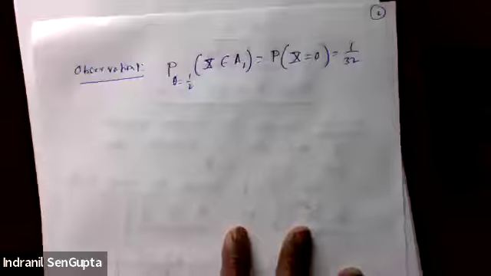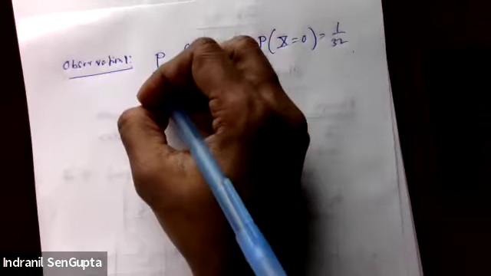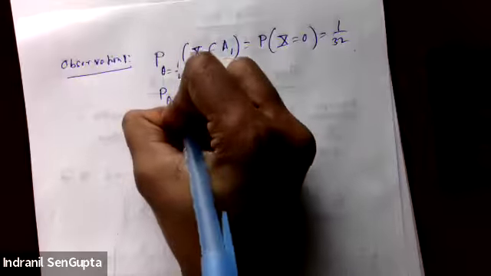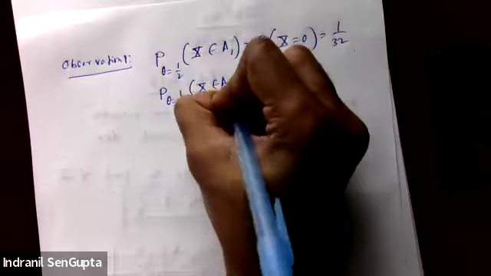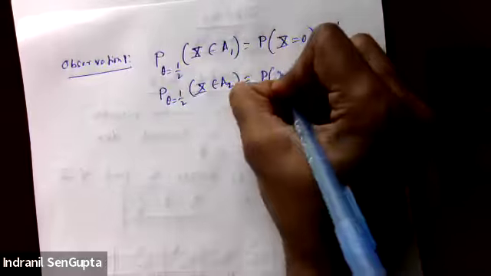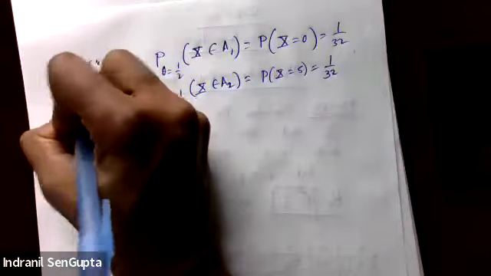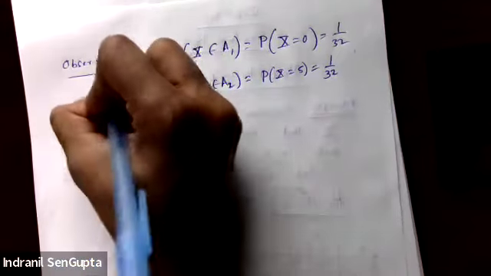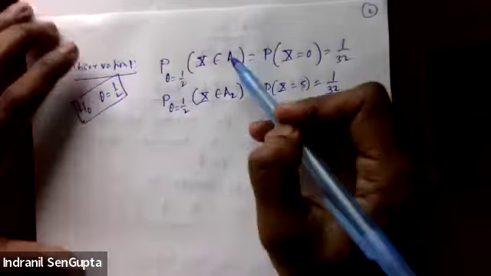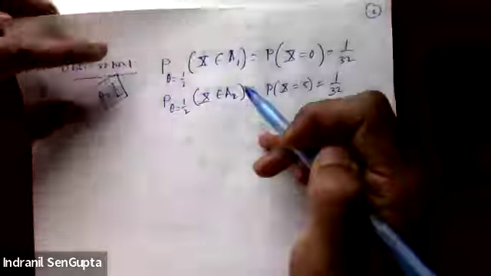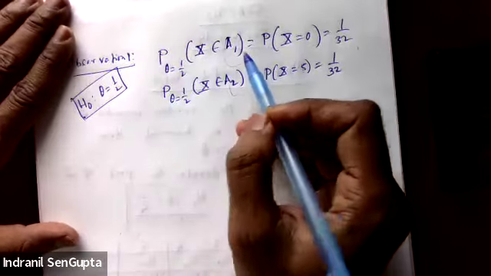As well, the probability with theta equals 1/2 of x in A2, which is the probability of x equals 5, is 1/32. They're the same. Remember, H0 is theta equals 1/2. So under the null hypothesis, I can choose A1 and A2. Both are possibilities for choosing as critical regions.